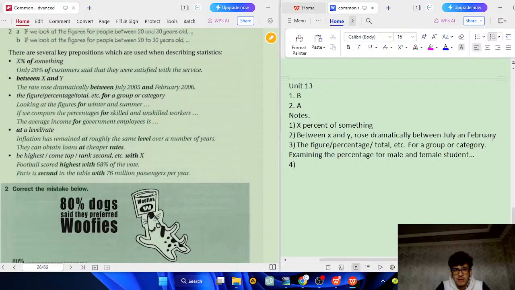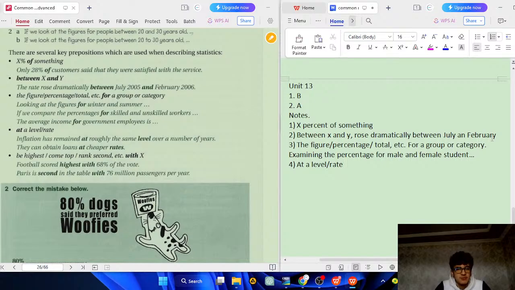I can't take a lot of time for this. The figure for the percentage for the total number for government, the average income for government employees. A group or category. Okay. At a level rate. I skipped the slash one.